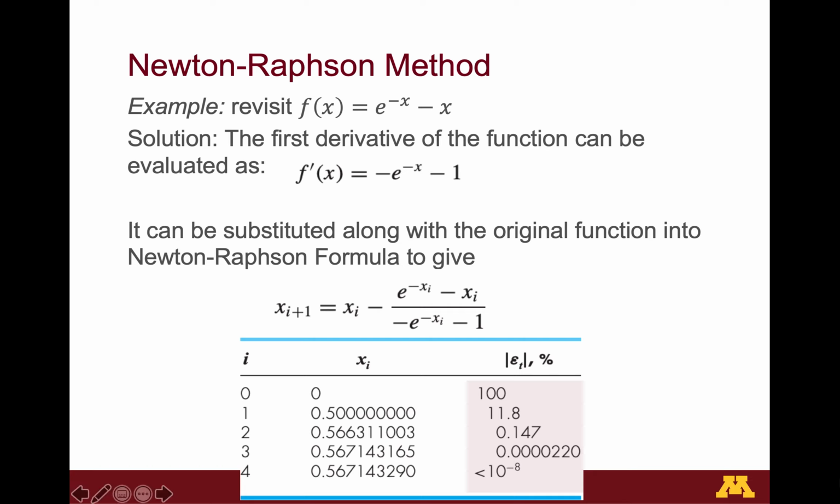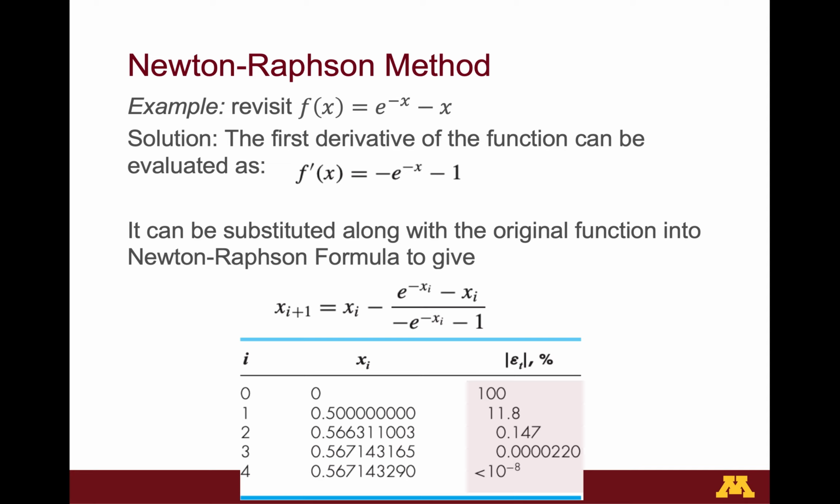Let's revisit the root solving example, which is f(x) equals e to the power minus x, minus x. For the solution, first we calculate the first derivative, f prime(x), which gives us minus e to the power minus x, minus 1. And then we can calculate x(i+1) to be x(i) minus e to the power minus x(i) over minus e to the minus x(i) minus 1.